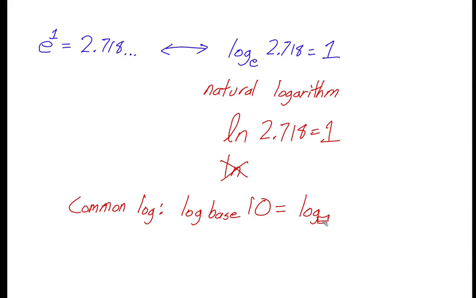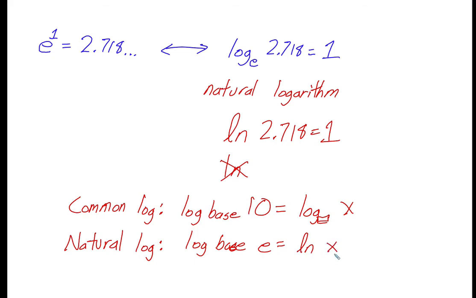The log base 10 of x. There's no number down there. If there's nothing there, it's a 10. The other one is the natural log, and that's the log base e, where e is that number 2.718 with all its decimal places, and that's written as an L and an N.